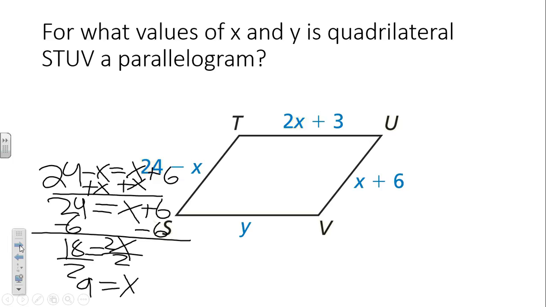Somebody else gets a turn. Go ahead. Joey, go ahead. Okay, so Maya correctly found that x was 9, right? So now that we know x is 9, we're going to find out what y is. Exactly.